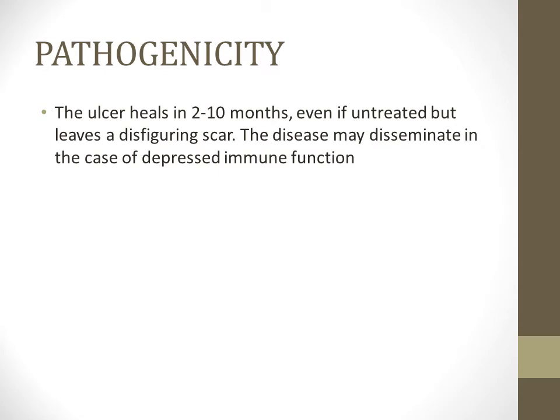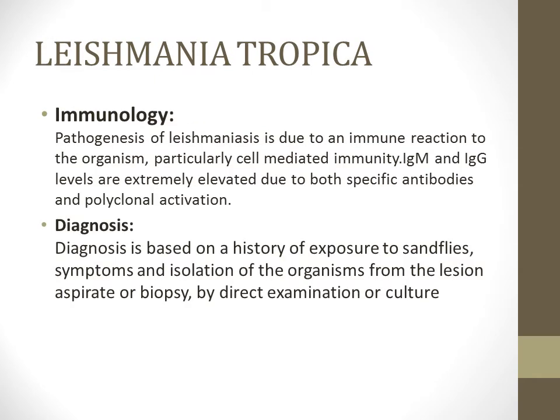The disease may disseminate in the case of depressed immune function. Now coming to the immunology: the pathogenesis of leishmaniasis is due to an immune reaction to the organism, particularly cell-mediated immunity. The IgM and IgG levels are extremely elevated due to both specific antibodies and polyclonal activation.